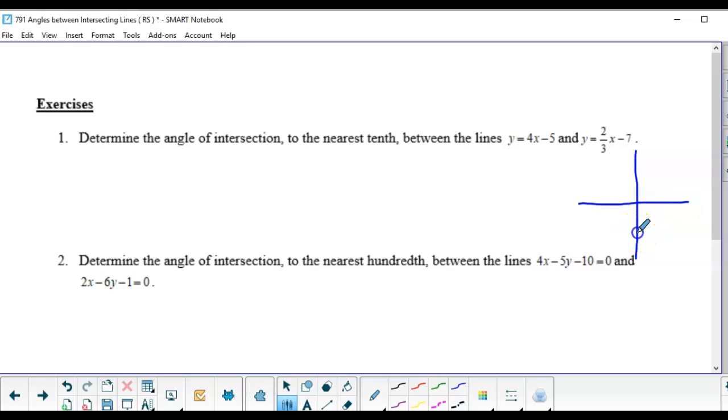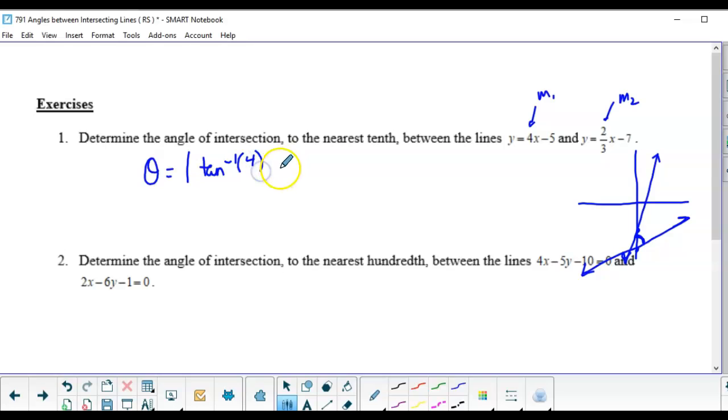So this would be something like, I don't know, y equals 4x minus 5. This would be the other line. So we were trying to find this angle in here. So this is your, call that slope 1. This is slope 2. So your theta is going to be tan inverse of 4 minus tan inverse of 2/3.